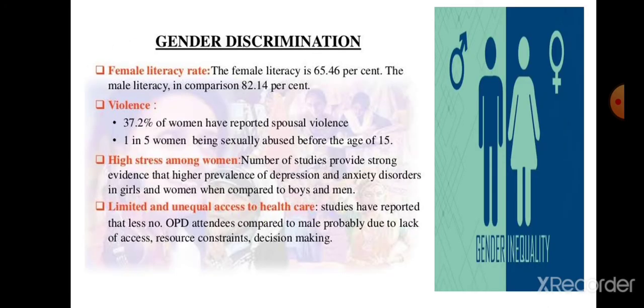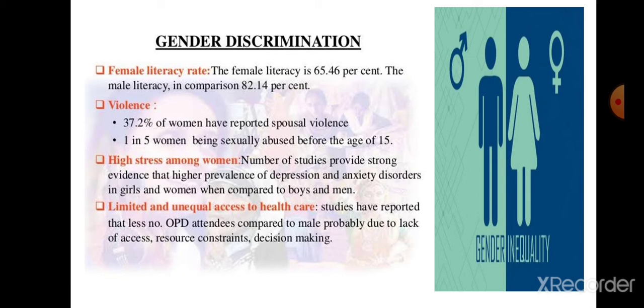So let's see the gender discrimination between females and males. If you compare female literacy with male literacy, female literacy is very low compared to male literacy. The female literacy is 65.46%, the male literacy 82.14%.